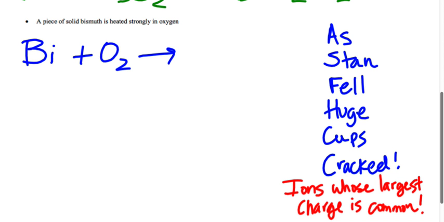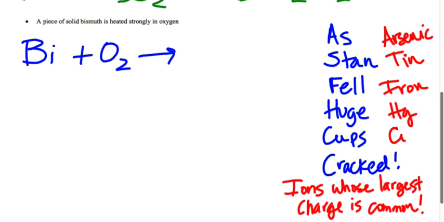So what are these elements? What is this one? Arsenic? No. Does strontium have multiple charges? Tin, right? Iron, mercury, copper. And you didn't learn chromium as having multiple.